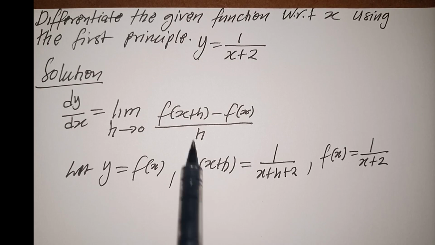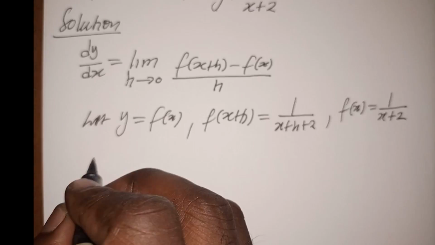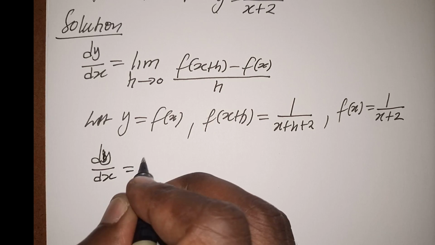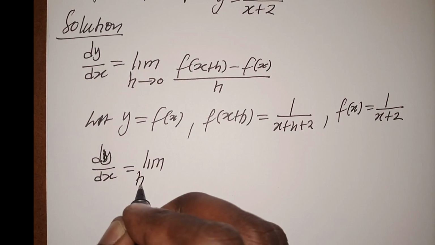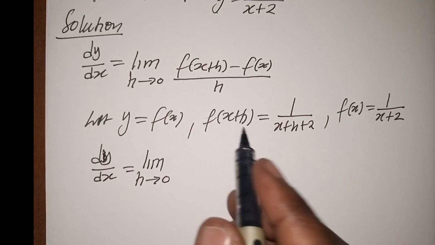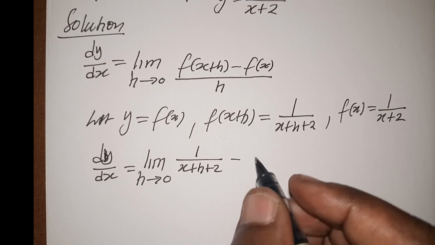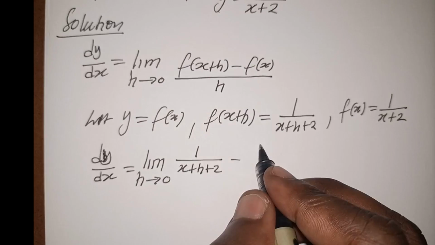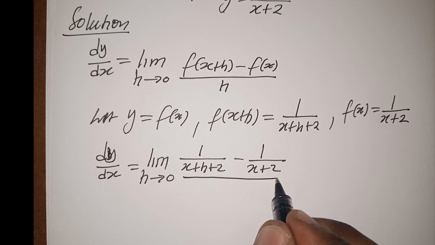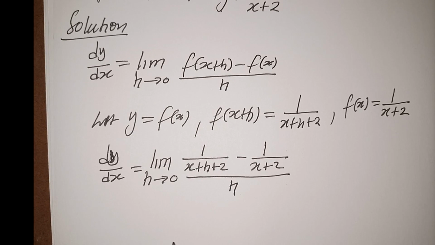You can substitute these into this formula. Substituting that, dy over dx will be equal to the limit as h approaches 0 of f of x plus h, which is 1 over x plus h plus 2, minus f of x, which is simply 1 over x plus 2, then everything else over h.